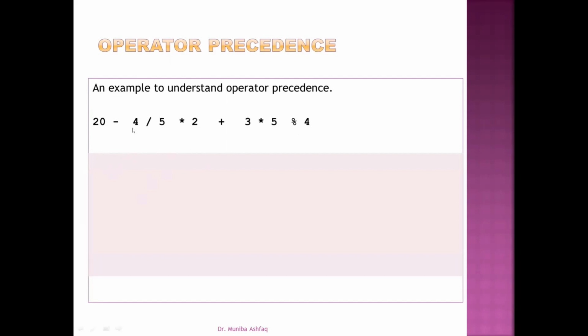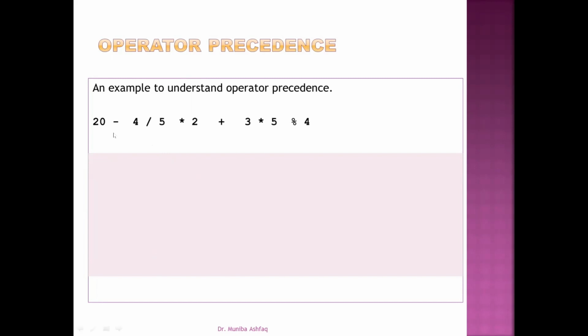But in this case, all the same level operators come in this expression, and both multiplication and division are here. So how will these be evaluated in this case? If we have multiple operators of the same level, these will be evaluated from left to right. You have to go from left to right.